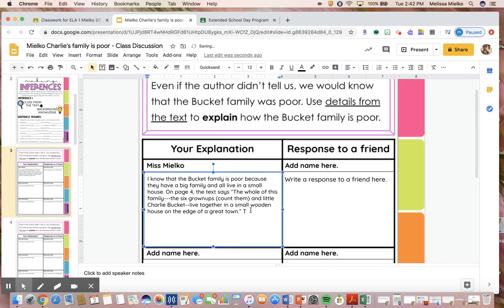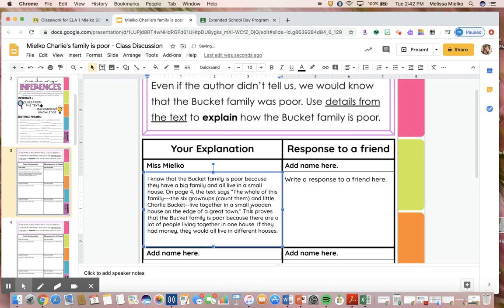Now I need to explain my evidence. This proves that the Bucket family is poor because there are a lot of people living together in one house. If they had money, they would all live in different houses.